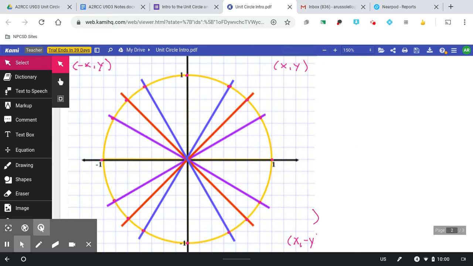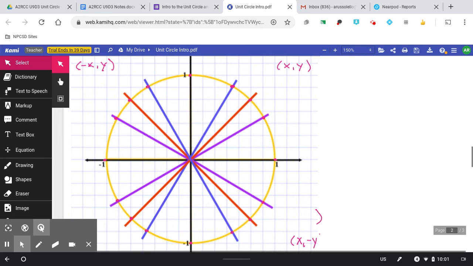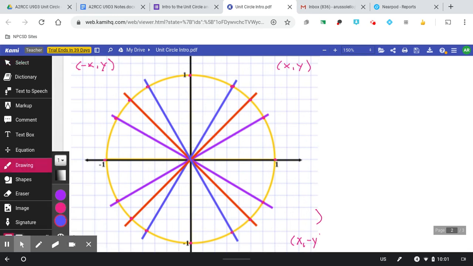Okay, so in the practice questions, I'm going to give you an angle, say 210. Okay, I'm going to ask you to find the coordinates on the unit circle at 210 degrees.